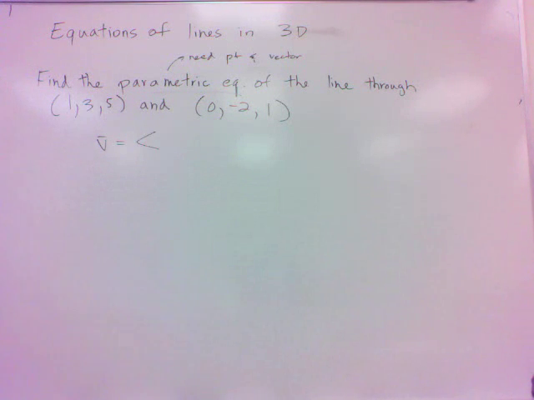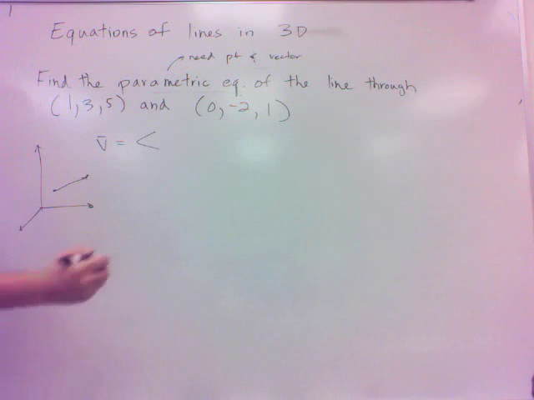If we've got these 2 points in space, this isn't drawn to scale, but wherever they are, we can make a directional vector just by using one as the initial point, one as the terminal point, right?